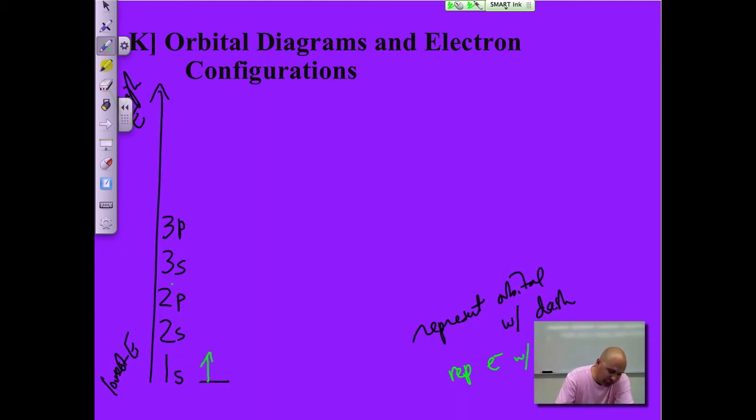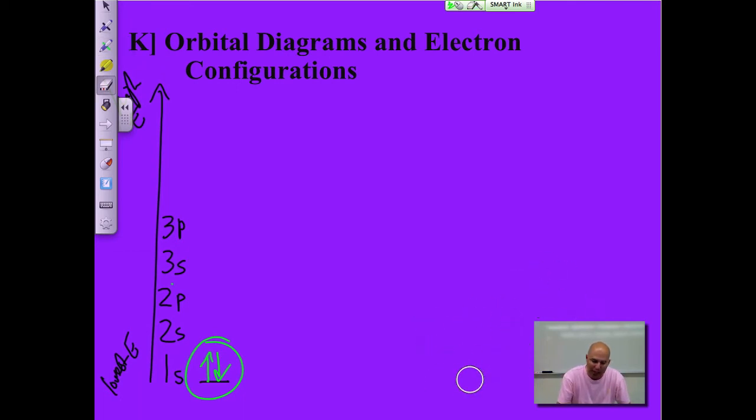Our first electron is going to go in that 1s. Okay? And the second will go also in the 1s. And that's because you can fit 2 electrons in the first energy level, because the Pauli exclusion says you can fit 2 in as long as they're opposite spins. All right?